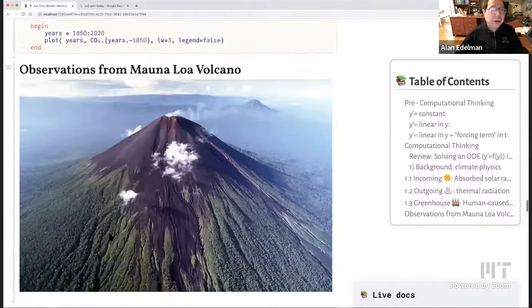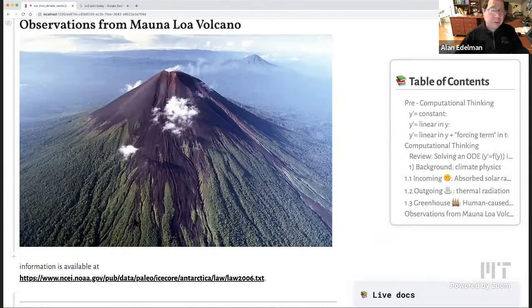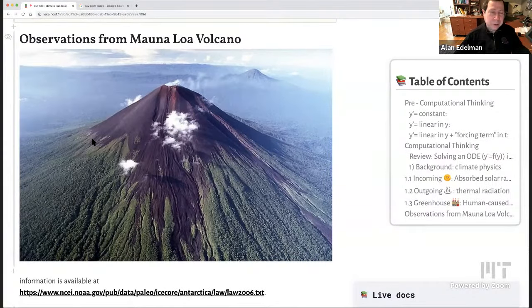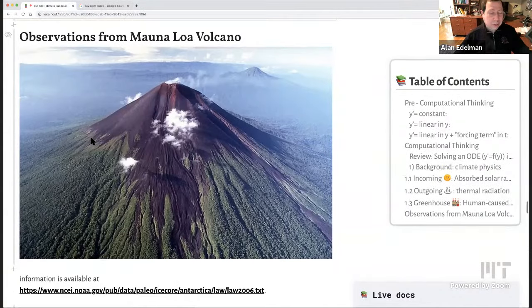Let me tell you about how good these fits are. Well, we've got real data, and there's this data that comes right from the Mauna Loa volcano in Hawaii. They do the readings over there, and if you go to this website, you can find out all about the readings.